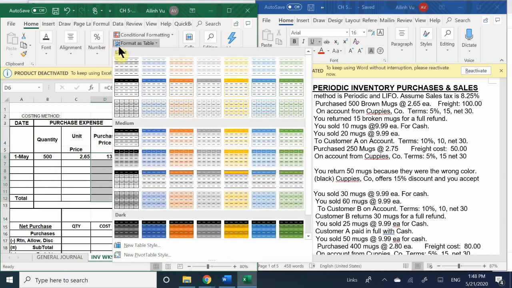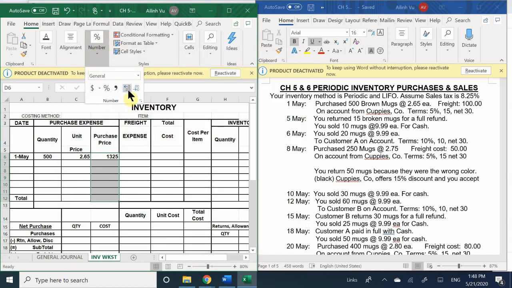Then freight expense was $100. So how do you find the total cost? You add the purchase price and the freight expense and get exactly 1425.